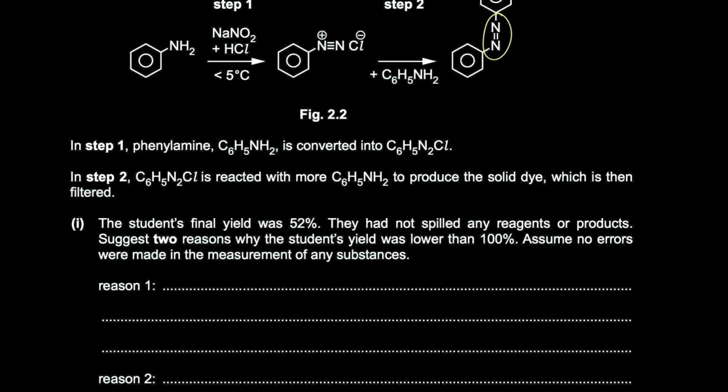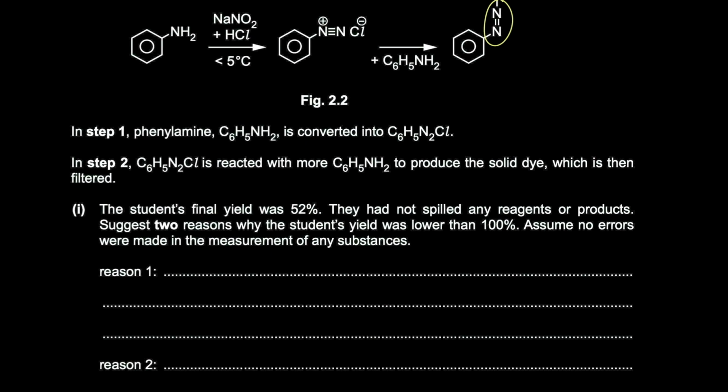Now again, as I just mentioned, if you allow the temperature to go above 5 degrees Celsius, the benzene diazonium chloride will undergo hydrolysis. So one of the reasons why you get a lower yield is because the benzene diazonium chloride undergoes hydrolysis.